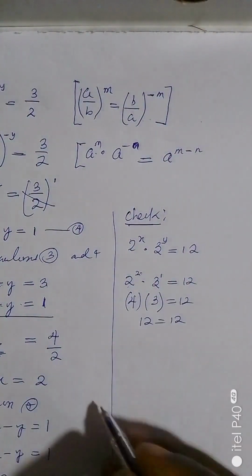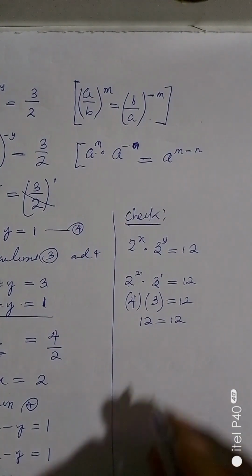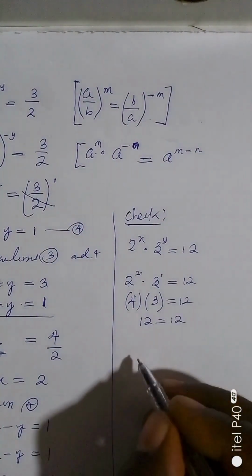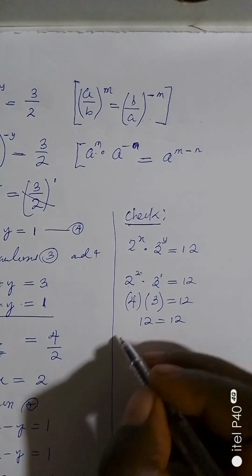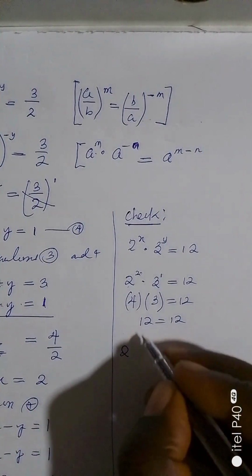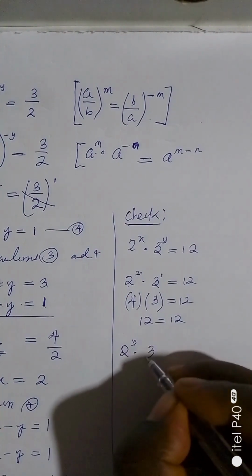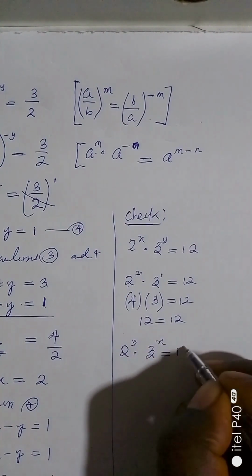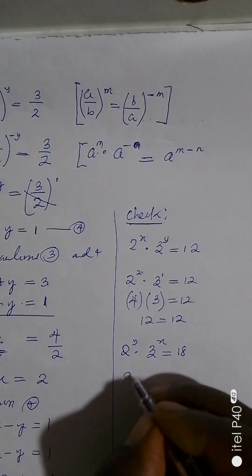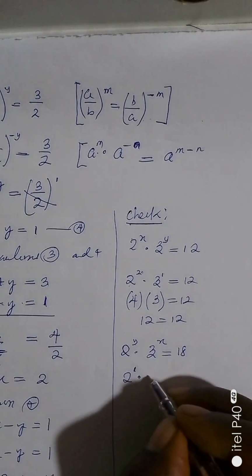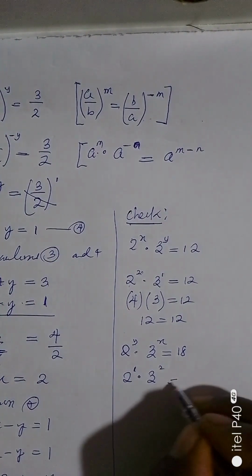We can also check the second equation, which is 2 to the power of y dot 3 to the power of x equal to 18. y is 1, so you have 2 to the power of 1 dot 3 to the power of 2 equal to 18.